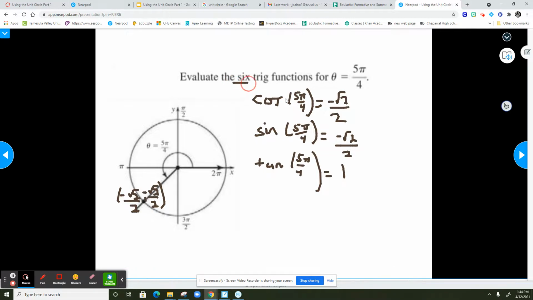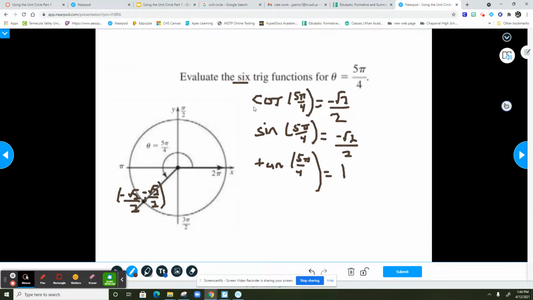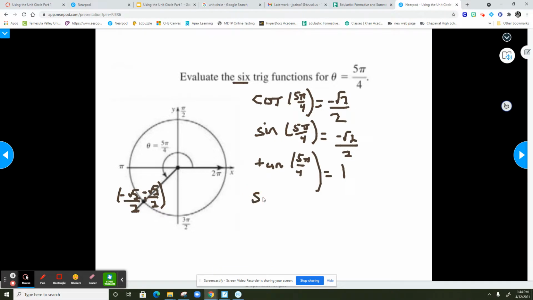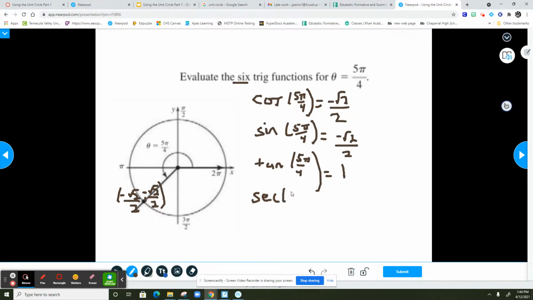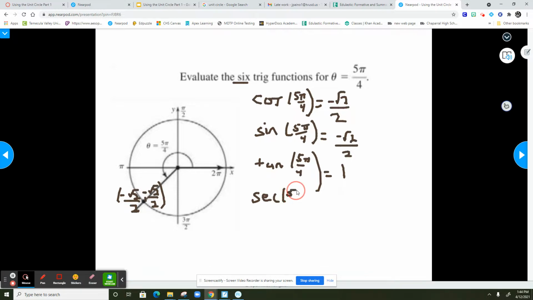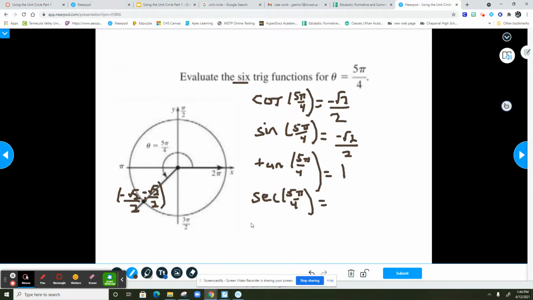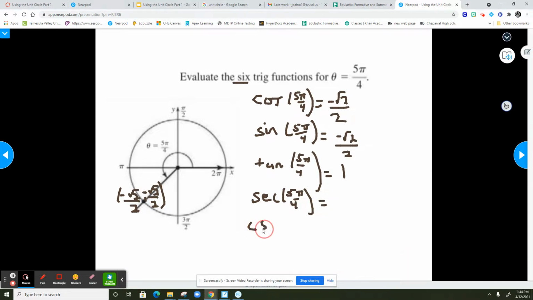Okay, I said all 6. I only did 3. So what do I need to still do? I need to do all the reciprocal functions. So I need to do secant of 5 pi fourths. I need to do cosecant of 5 pi fourths. And I need to do cotangent of 5 pi fourths.